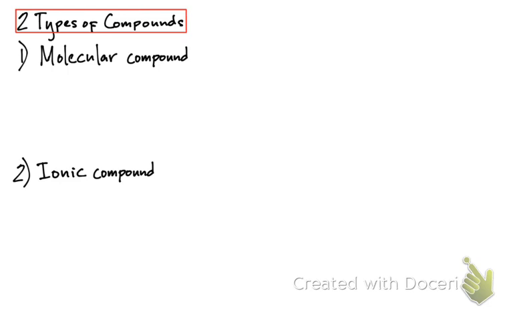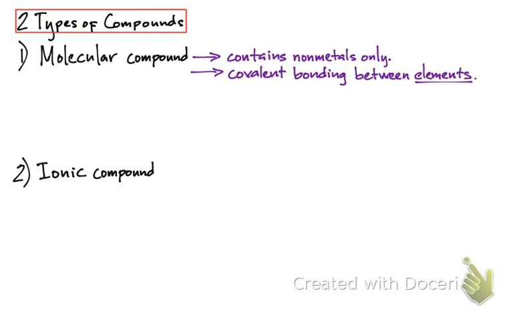So for example, in molecular compounds, you have compounds that are only composed of nonmetals. Okay, so they consist only of nonmetals, and the chemical bond that they utilize is covalent bonding, right? So it's bonding between elements.